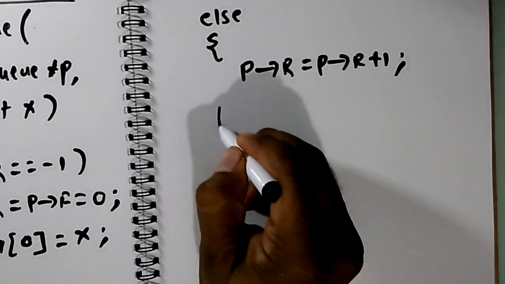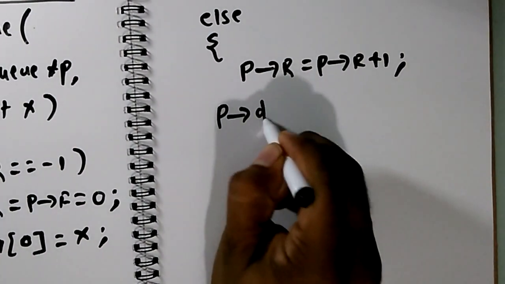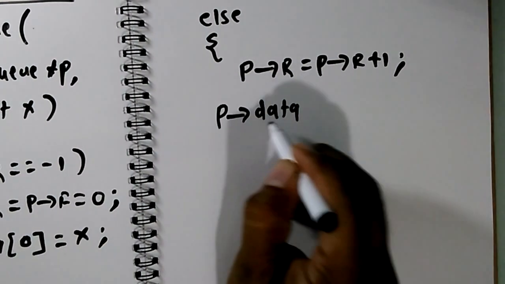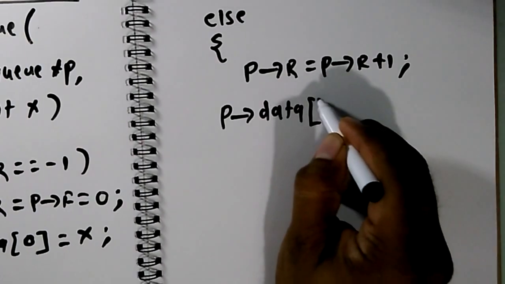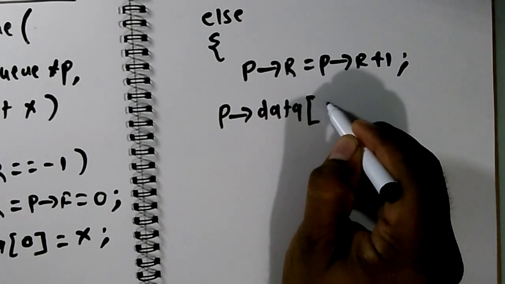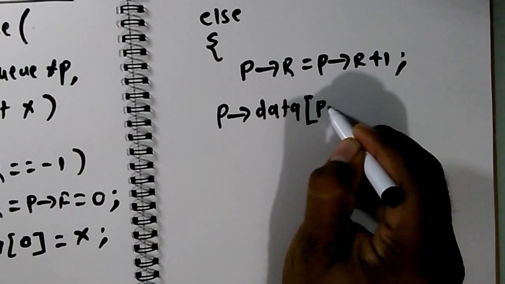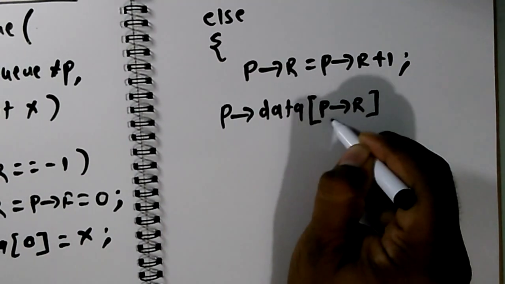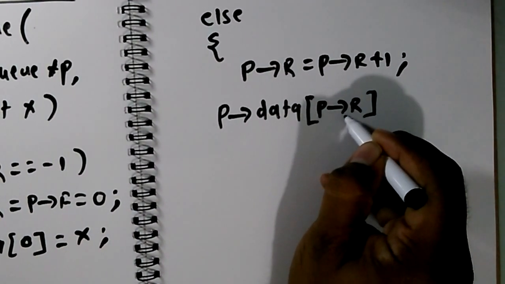So we are going to the data array, P arrow data, right? So inside the data array, I want to go to the rear location, the location which is there in R, right? But I cannot directly access R, so I need to say P arrow R. So this will give me the value of R, right?